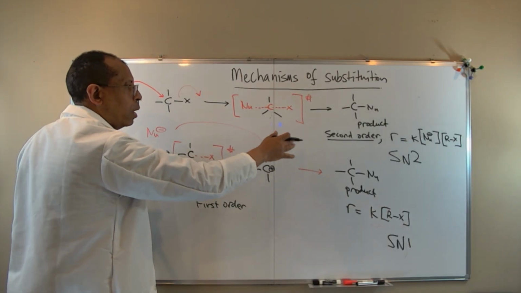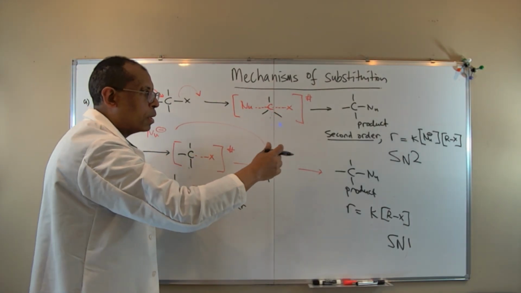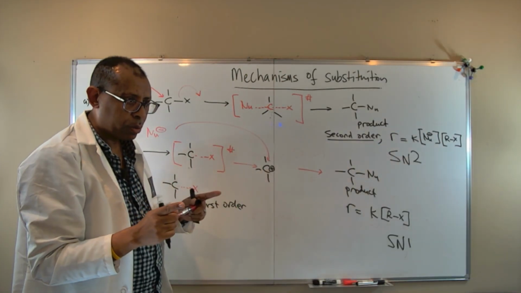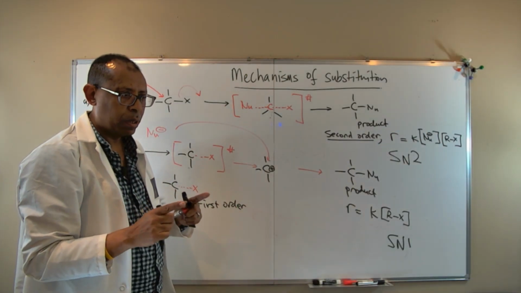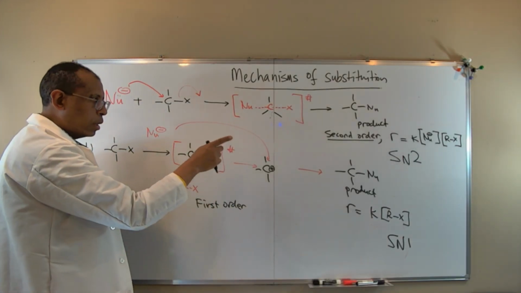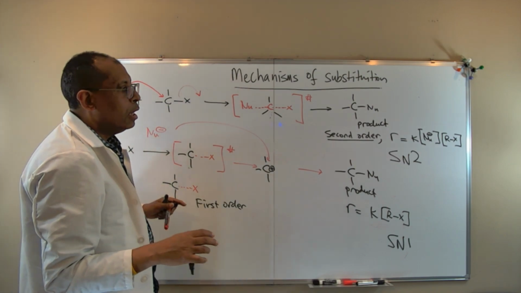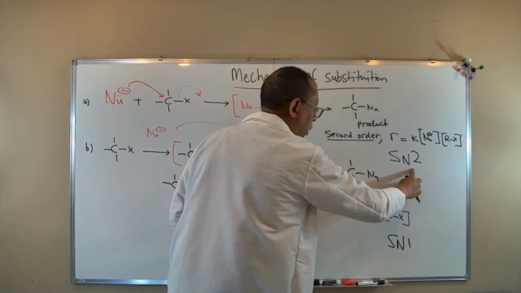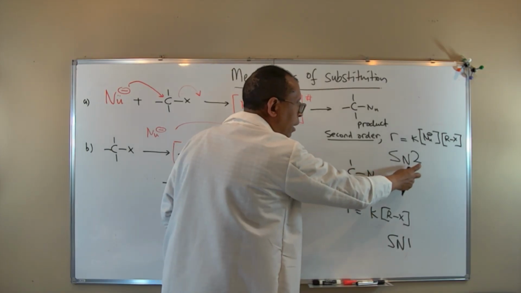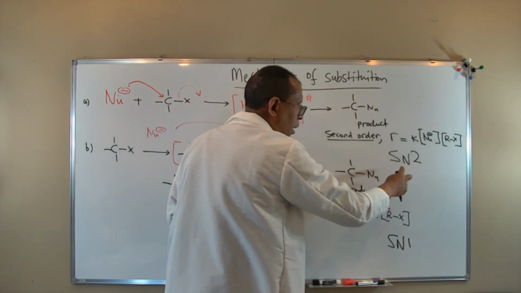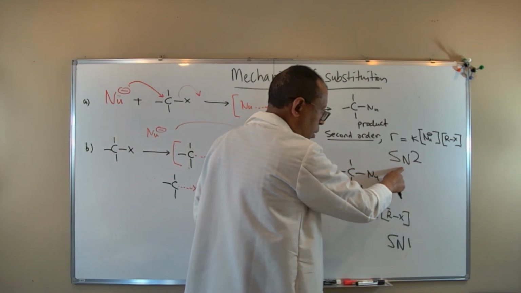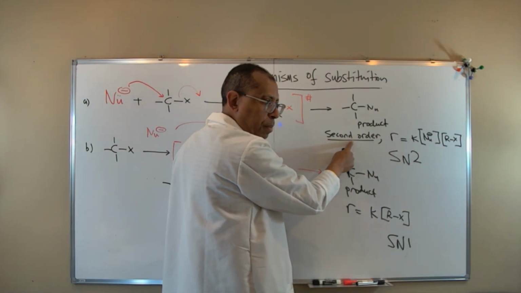That's why it's second order, meaning both the nucleophile and the alkyl halide are important in the rate determining step in the reaction kinetics. That's why it's called SN2. SN2 means nucleophilic substitution of second order.